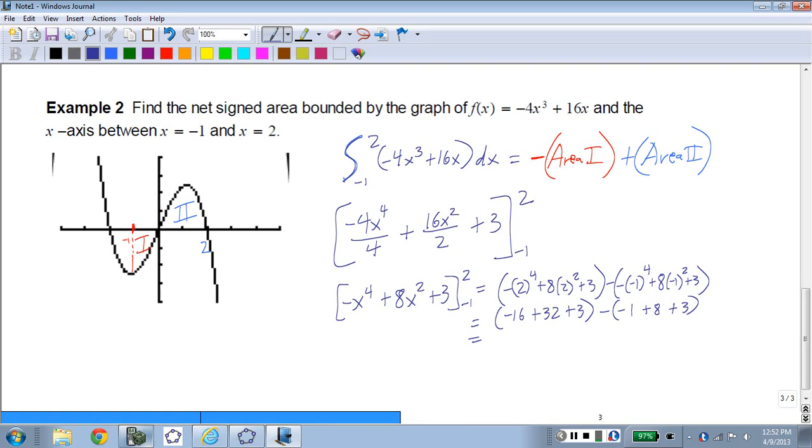I think rather than simplify inside each set of parentheses, I'm going to clear the parentheses so it's clear what happens with the 3 and the minus 3. Negative 16 plus 32 plus 3 plus 1 minus 8 minus 3. See what's going on with our favorite constant, 3? It gets canceled. Yes, it gets canceled.